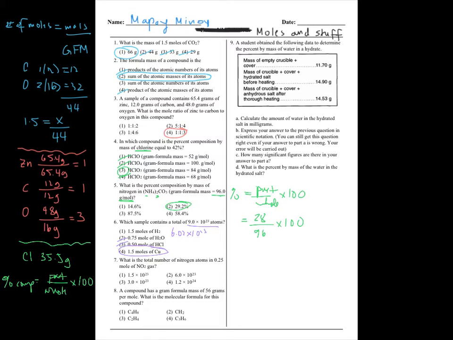Number 7, what is the total number of nitrogen atoms in 0.25 moles of NO2 gas? So let's use dimensional analysis here. So let's start with 0.25 moles, times 6.02 times 10 to the 23rd atoms per mole.